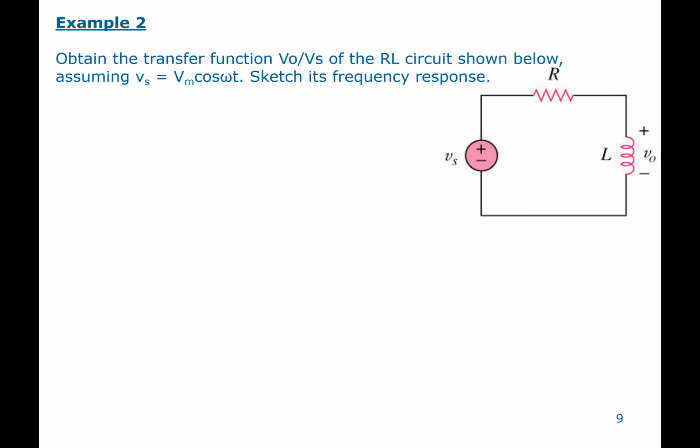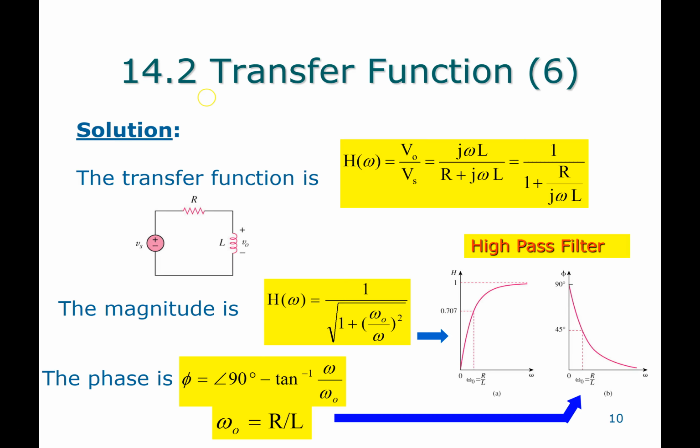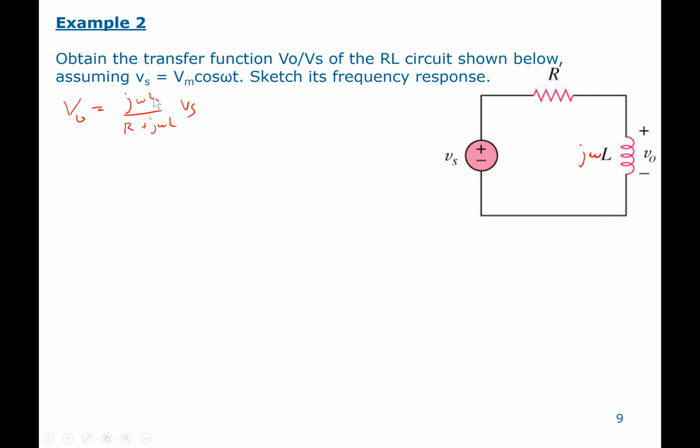Again, this becomes j omega L, and you have another voltage divider, so V0 equals j omega L over R plus j omega L times Vs. So again, our H of omega is V0 over Vs, which is j omega L over R plus j omega L. Divide that by j omega L, top and bottom.